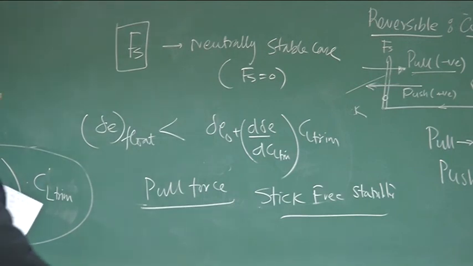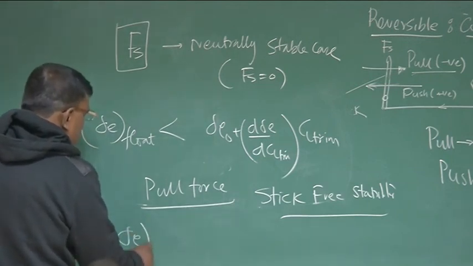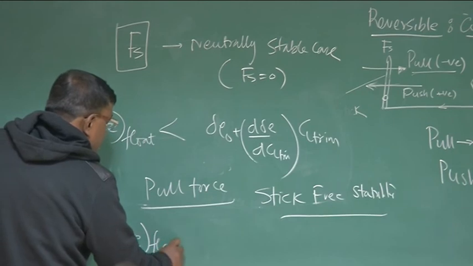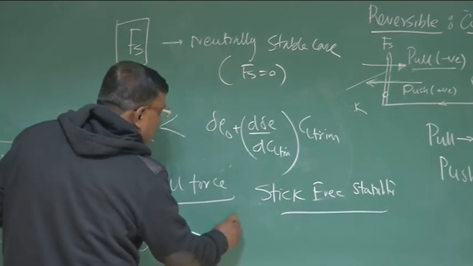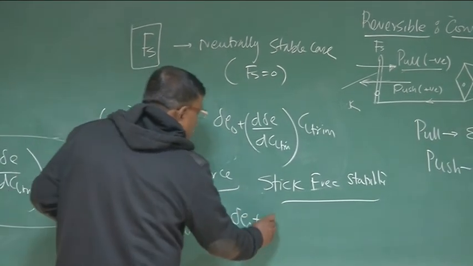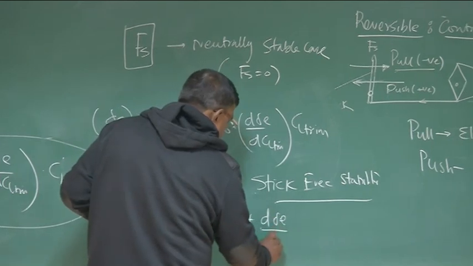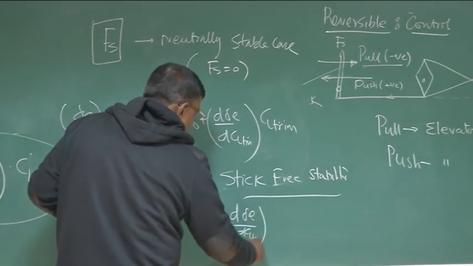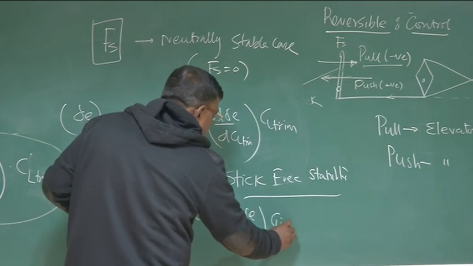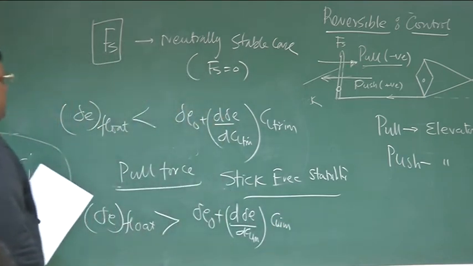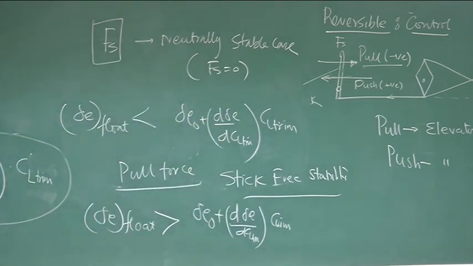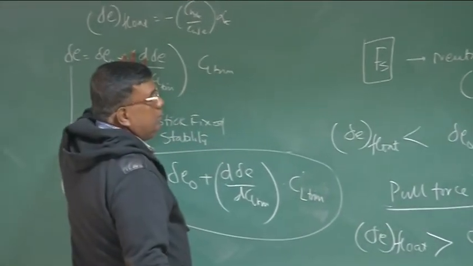And obviously, if delta E float is greater than delta E naught plus d delta E by dCL trim into CL trim, that is, whatever delta E has floated, it has exceeded the requirement of delta E through this relationship.